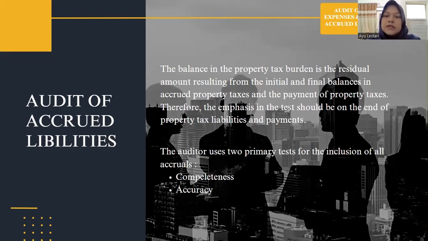Therefore, the emphasis in the test should be on the ending property tax liabilities and payment. And also, the auditor uses two primary tests for the inclusion of all accruals. The tests are the completeness and accuracy tests.